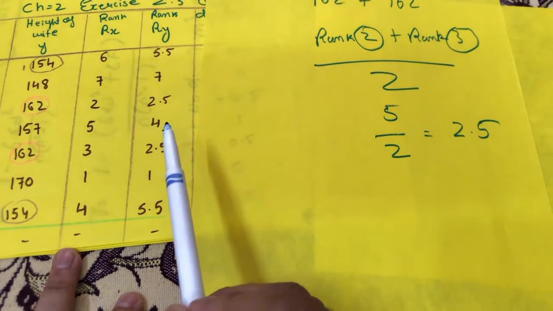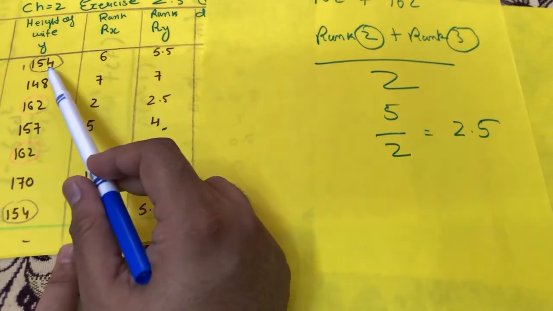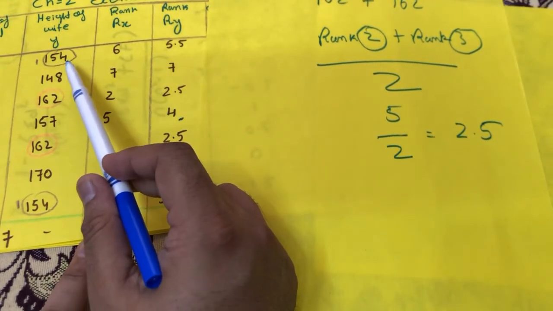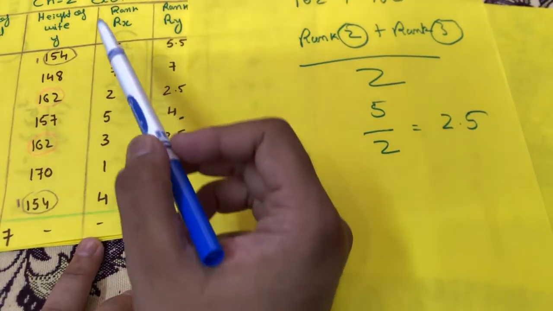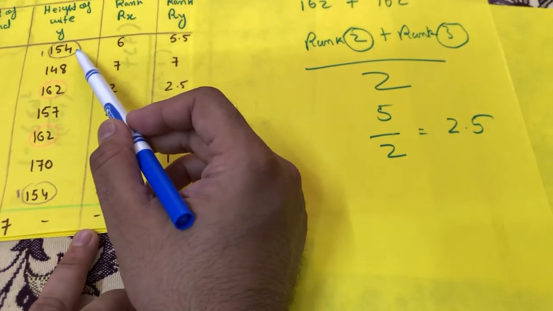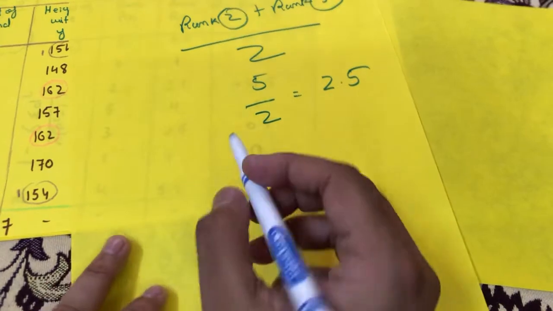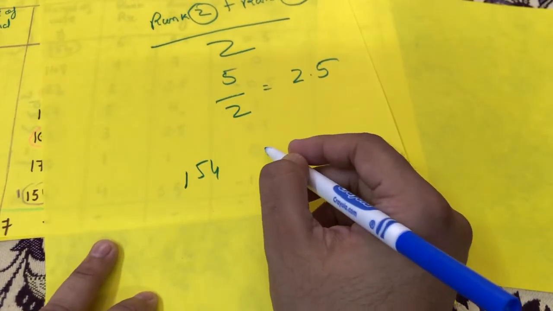Now the number smaller than 157 is 154. See here, 154 is also repeated 2 times. We had already given rank 4, so here it will be rank 5 and rank 6. So again I am writing over here, 154 is repeated 2 times.